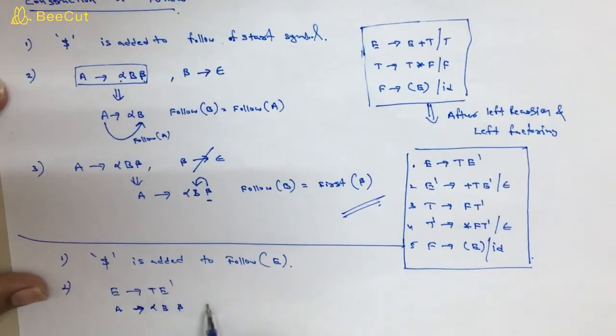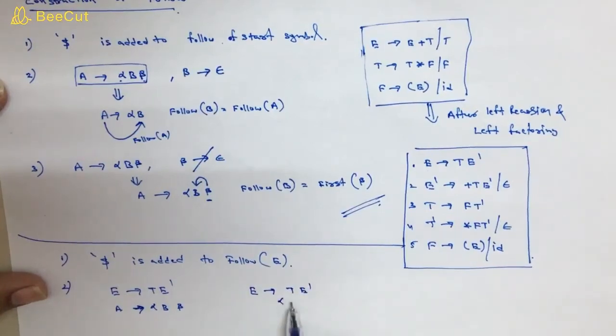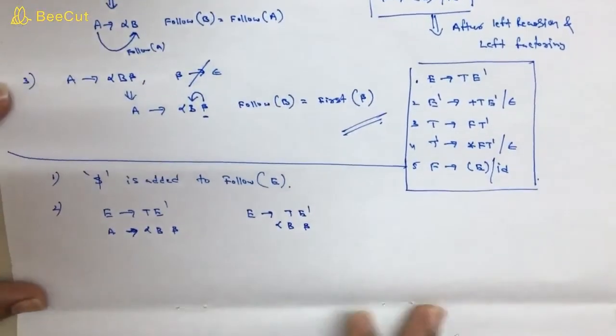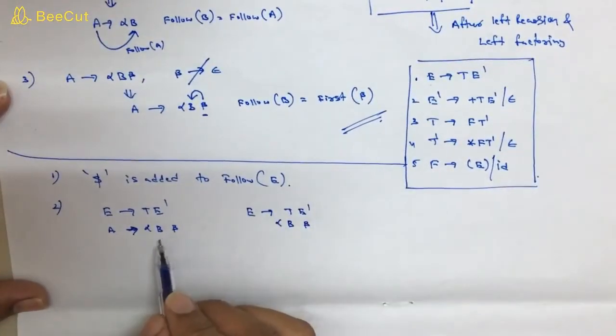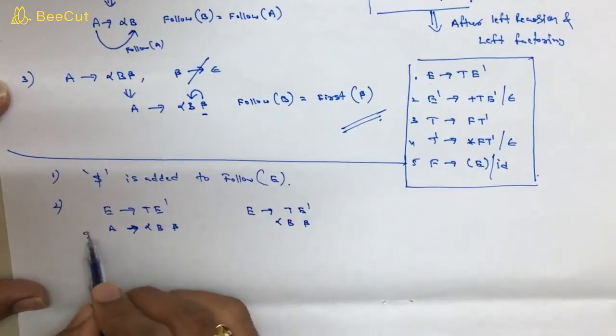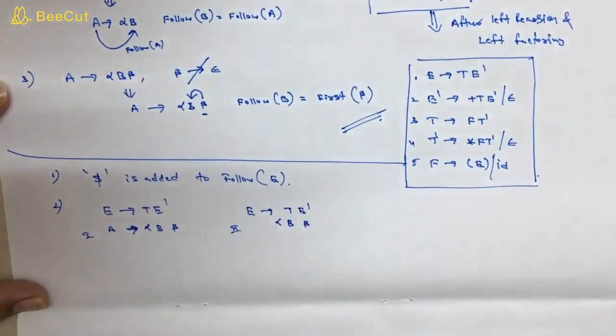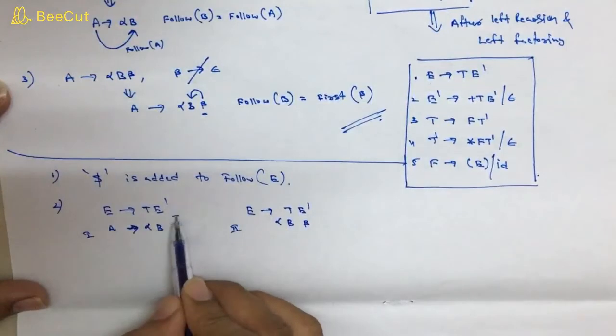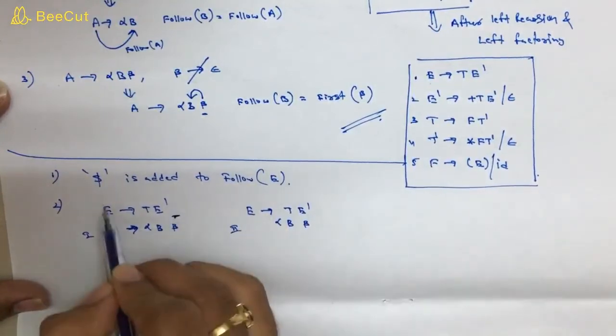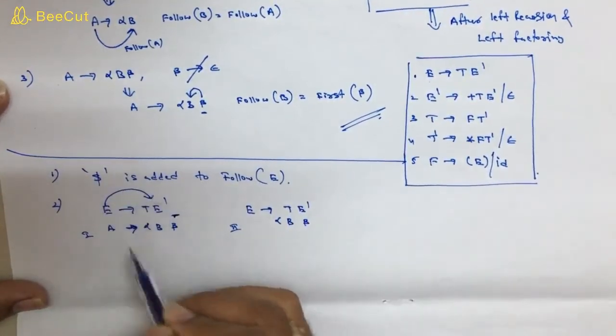If you assume the same production E tends to T E dash, I am treating alpha as epsilon, B as T, and beta as E dash. This is case 1, and this is case 2. In case 1, if beta is epsilon, then follow of E is added to the follow of E dash.